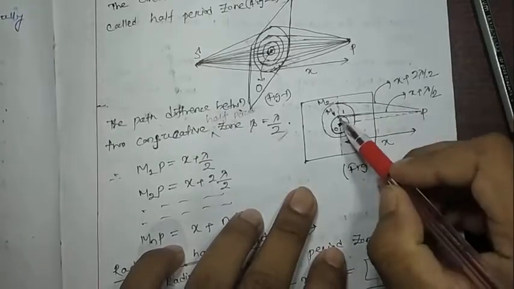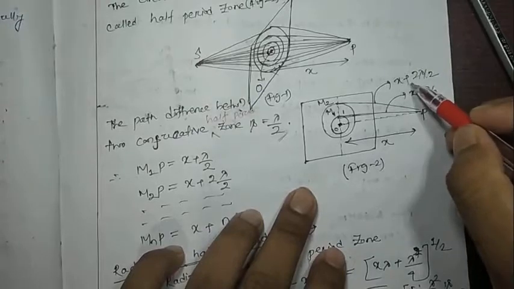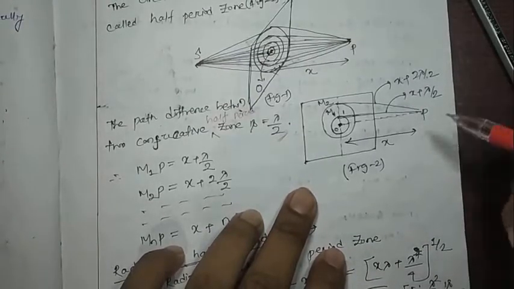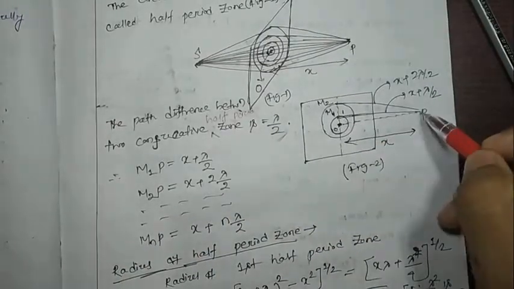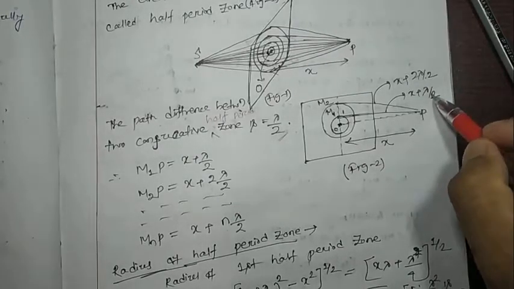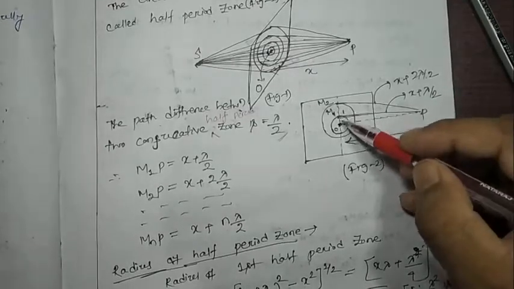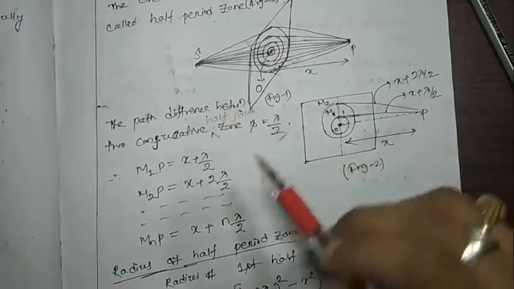The path difference between M1P and M2P will be x plus 2 lambda by 2 minus x plus lambda by 2, which is lambda by 2. Or the path difference between M1P and OP will be x plus lambda by 2 minus x, which is lambda by 2. So consecutive half period zones have a path difference of lambda by 2.